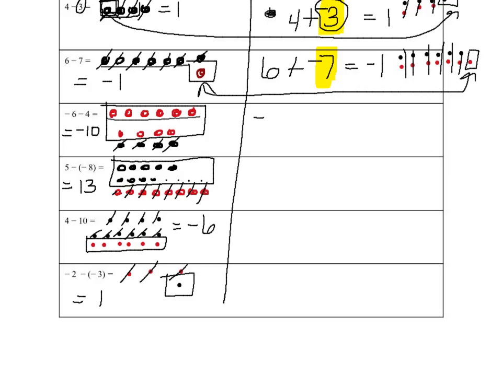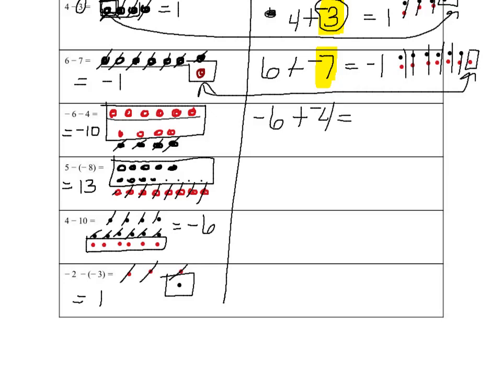So the original subtraction problem was a -6 minus 4. But again, if you think back to the original one when we did the chips, we had to add something in. So subtraction gets changed to addition, and that second number has to go to its opposite. It was positive, now it's negative.